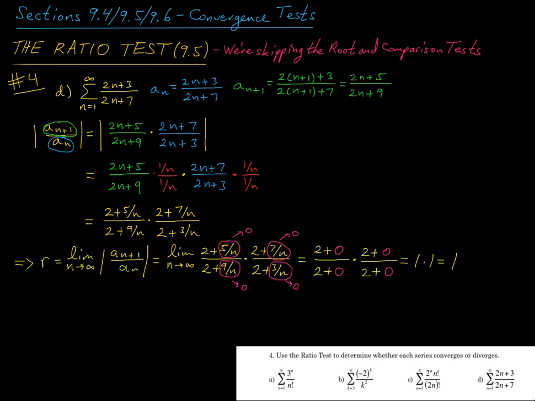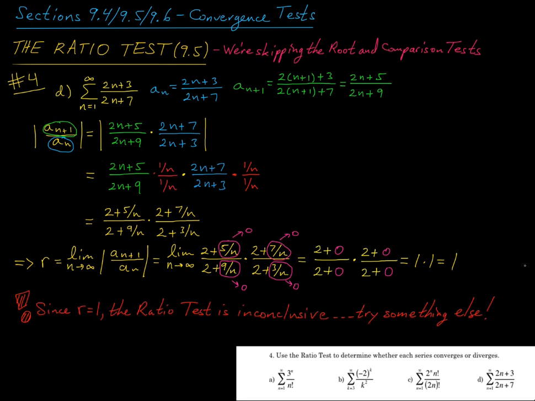And now we go ahead and take the limit, and we can see here that r is going to equal 1 in this case. So as we noted in the last video, if r is 1, the ratio test is actually inconclusive. It does not tell us whether or not this series converges or diverges, so we have to try something else here.